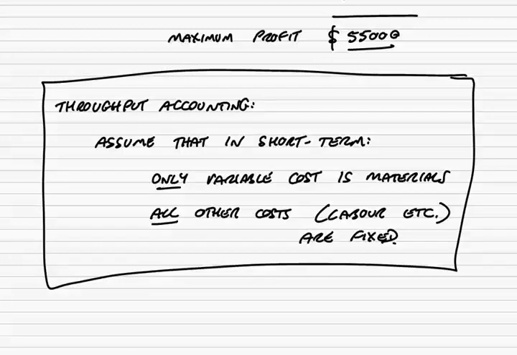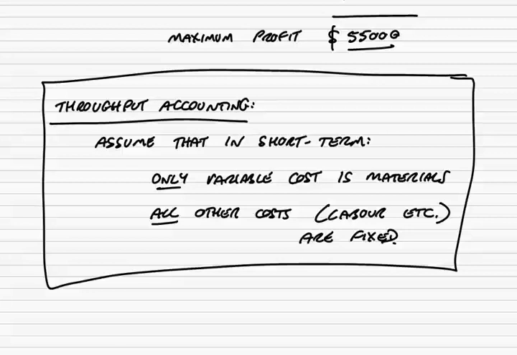And, of course, any written bits that go with the question. A fundamental point about throughput, or the fundamental point, is that assumption there, that the only variable cost is materials.